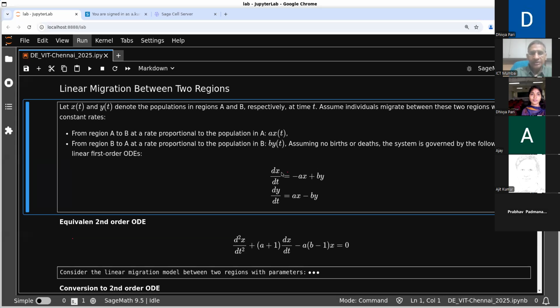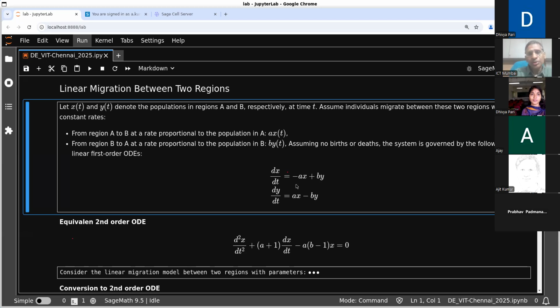Then you can model this by dx/dt is equal to minus ax plus by, minus ax because the population will go away from the city A, whereas population from B will come to A. That is why here minus ax plus by.